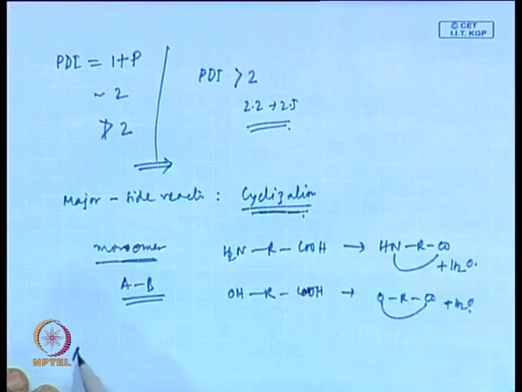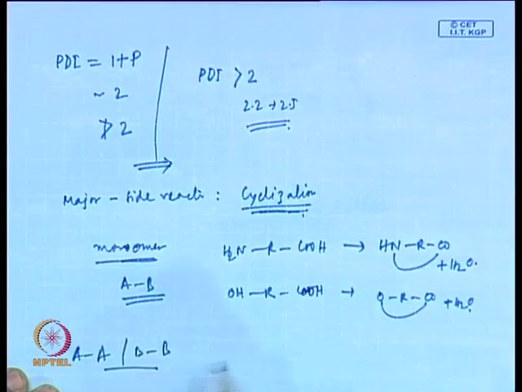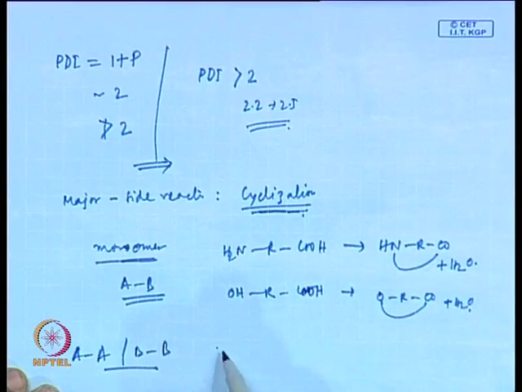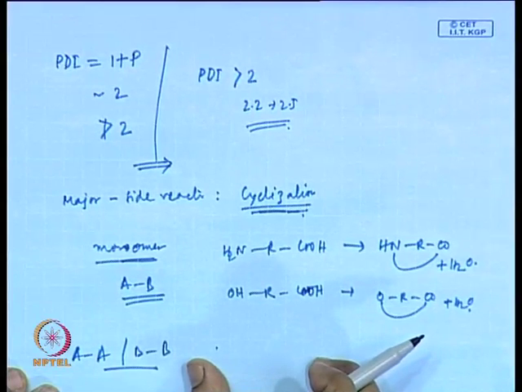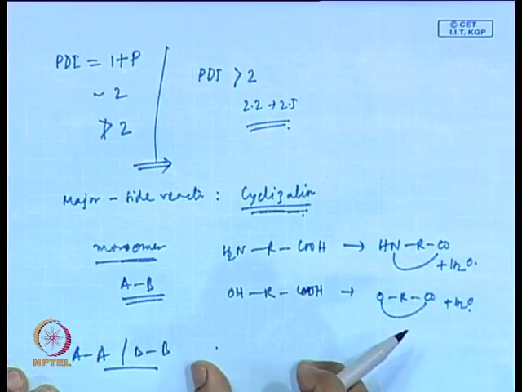If you have monomers of AA type or BB type, then in the monomer stage intramolecular cyclization is not possible, because both sides are the same. If you have a dicarboxylic acid, both sides have carboxylic acid, or a dihydroxy compound, both sides have hydroxy groups. So the monomers cannot cyclize intramolecularly.